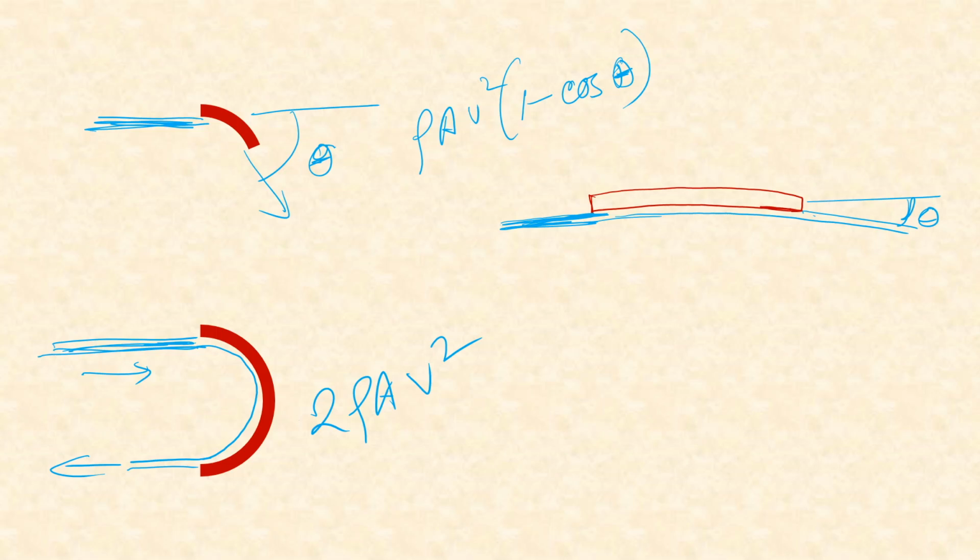As theta tends to 0, the force also tends to 0, because cos 0 becomes 1, and that gives you 1 minus 1. So this whole term becomes 0.